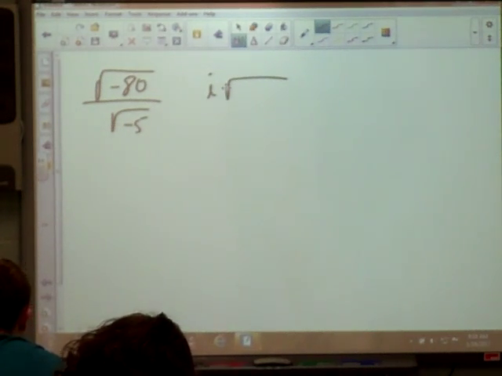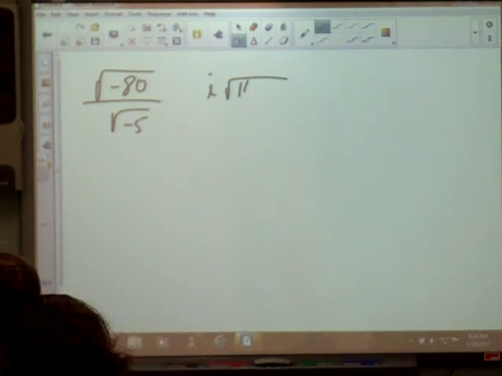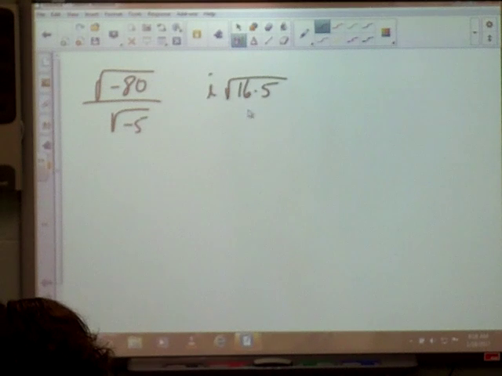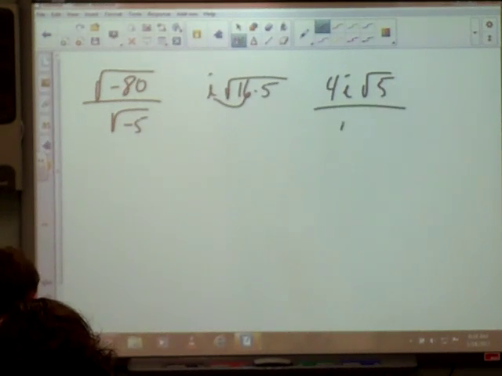We're doing 16 times 5. Very good. So now the square root of 16 is 4. So I've got 4i square root of 5 for my numerator. My denominator 5 doesn't break down. I just need to take that i out. So I'm going to take the i out, and then I still have the square root of 5.